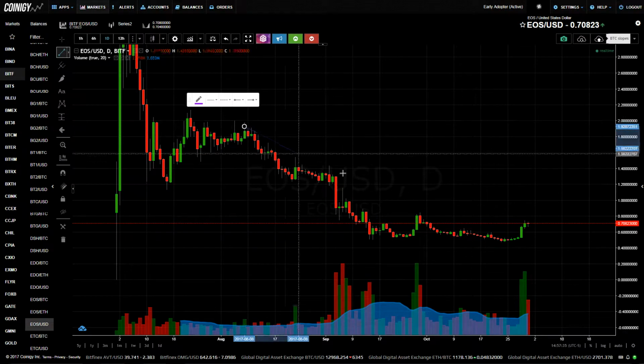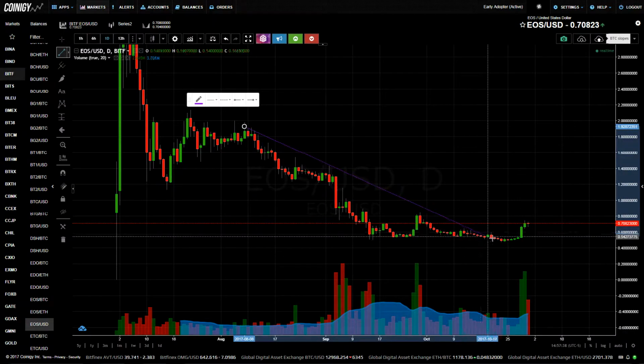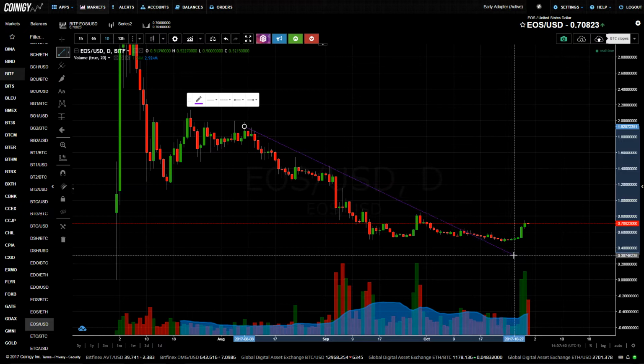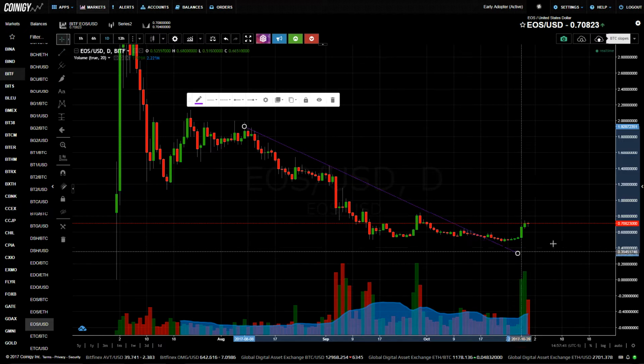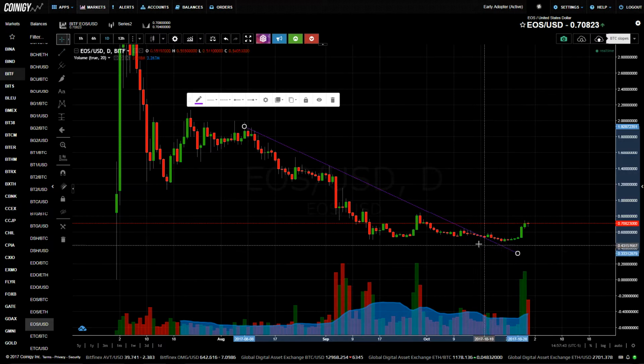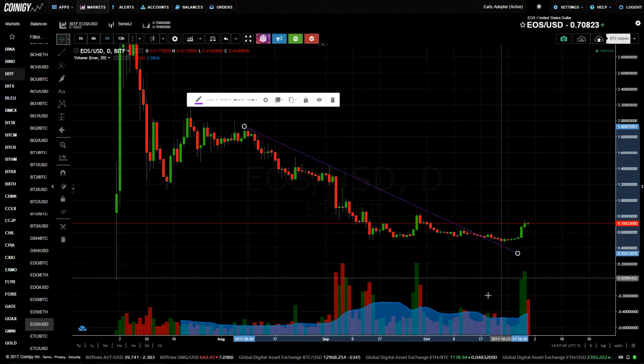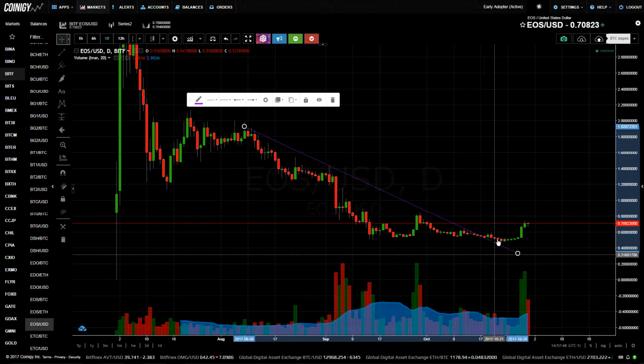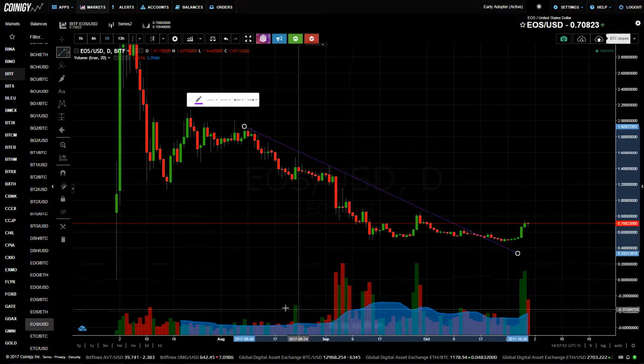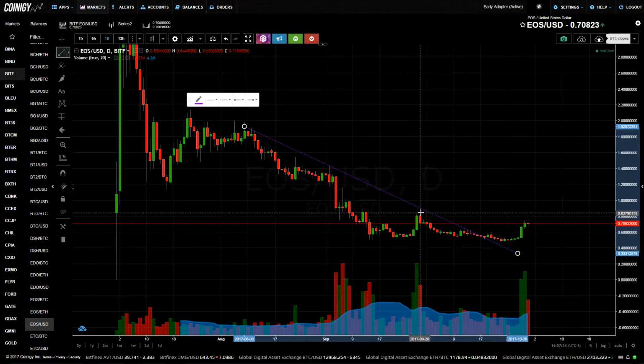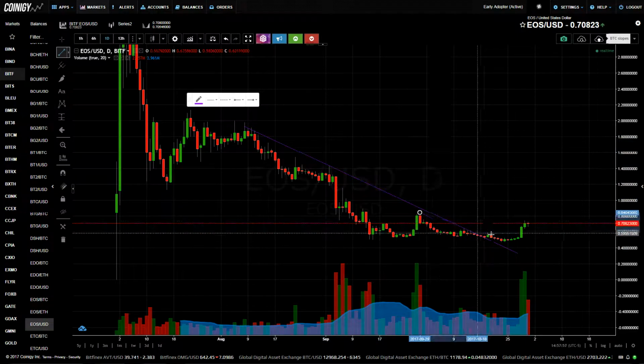So this downward trend, it broke out. A little volume down here, and it's sort of hard to do this particular one because the movement has been small.